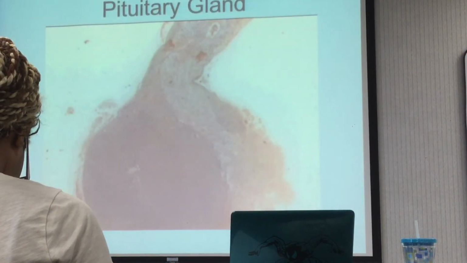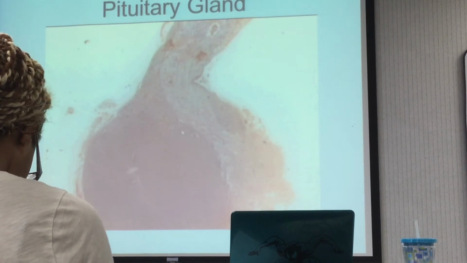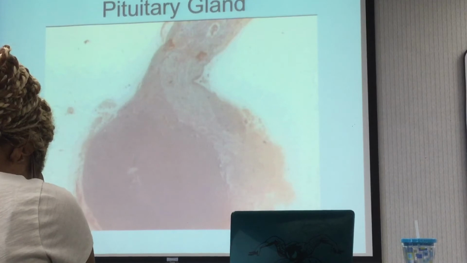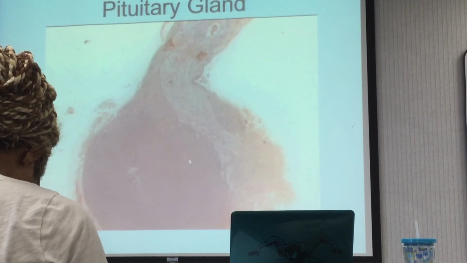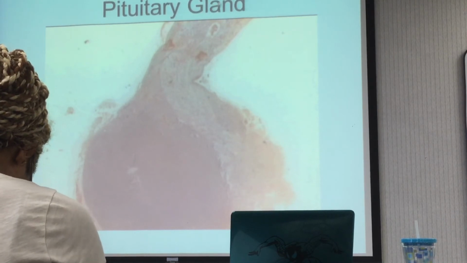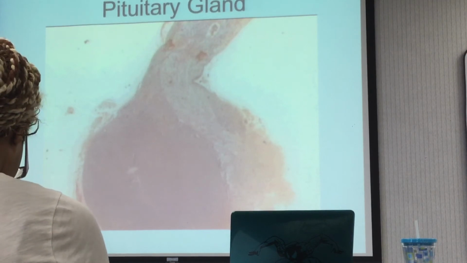If we look at the pituitary gland, the anterior portion is called the anterior lobe of the pituitary. This is called the adenohypophysis, where the majority of hormones are produced. The posterior lobe, which is connected to the hypothalamus, is all axons.